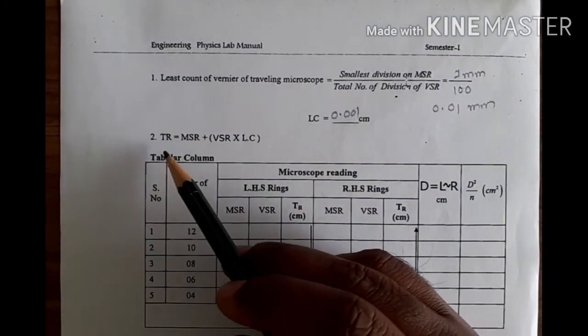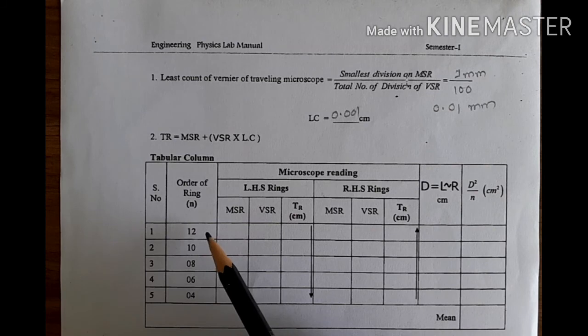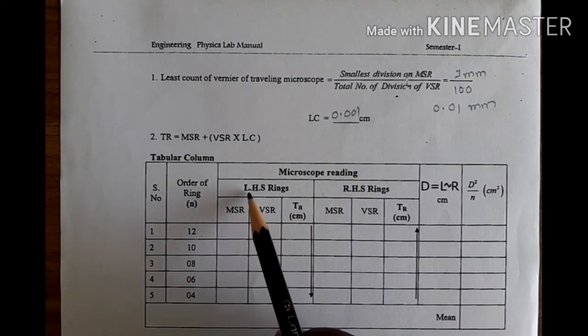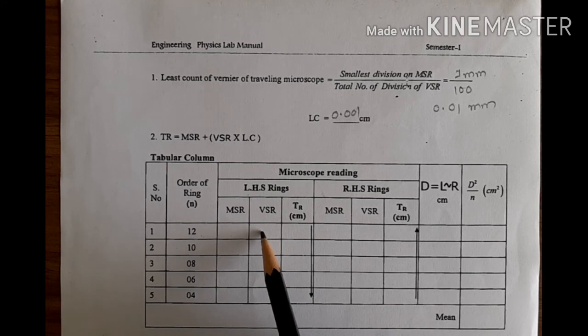So this is the formula for total reading. Here we have the order of the ring, that is, which number of ring. We started with the 12th ring on the LHS; its main scale reading and its vernier scale reading we should write down, and we have to calculate the total reading.